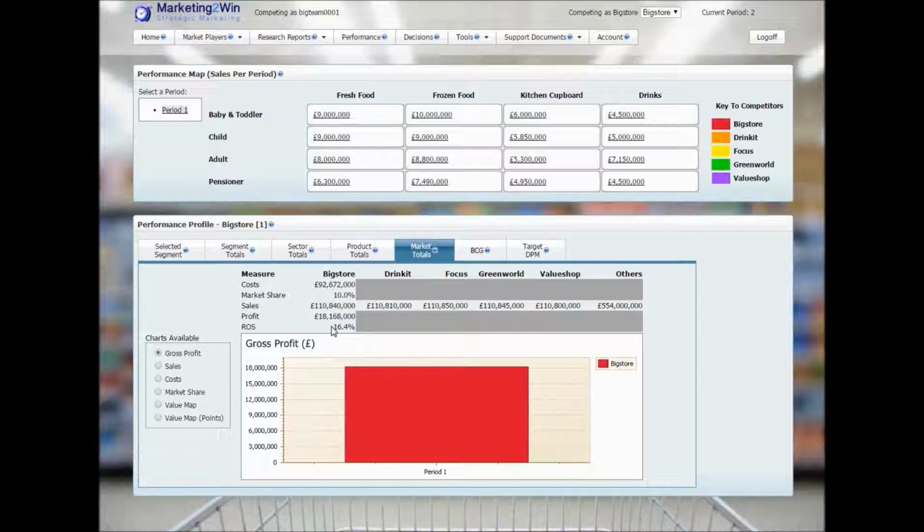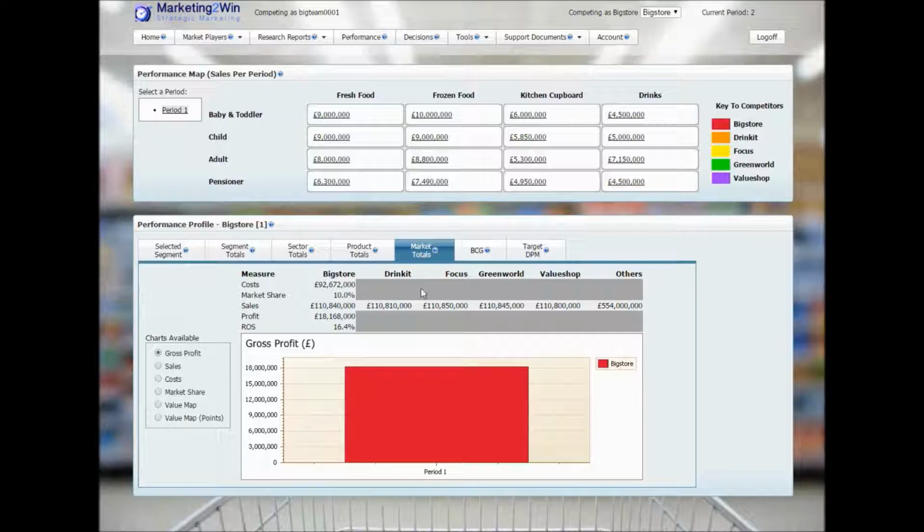And again, we've gamed it so that each of the 5 competitors has approximately the same starting position, so there's no particular advantage to any team at the start of the simulation. You can also see some other graphical results down here. If you click on any of these radar buttons, as the game evolves and more periods pop up, you'll be able to see your trend line on these key metrics.